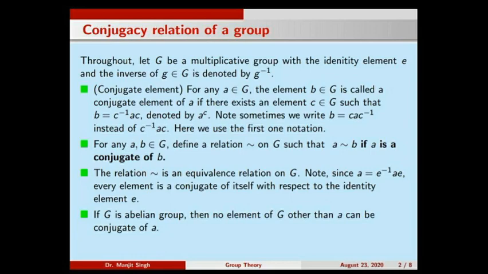Then it is quite easy to show that this relation is an equivalence relation. You can see reflexivity with respect to the identity element for every element, symmetry is there, and the transitive condition holds. So we find that this relation is an equivalence relation, and it is called the conjugacy relation.